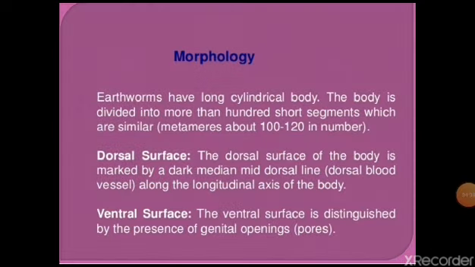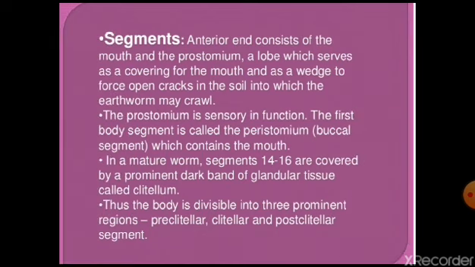The ventral surface is distinguished by the presence of genital openings, that is pores. Segments: as we know, the body of the earthworm is metamerically segmented. The anterior end consists of the mouth and the prostomium, a sensory flap over the mouth, a lobe which serves as a covering for the mouth and as a wedge to force open cracks in the soil into which the earthworm may crawl.